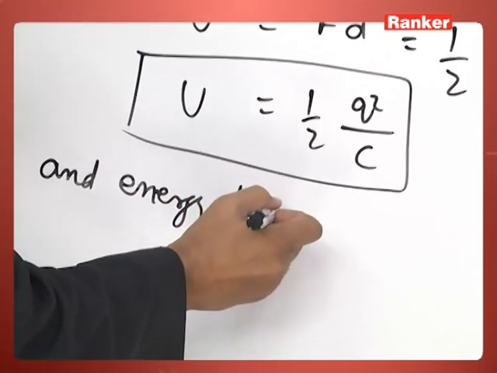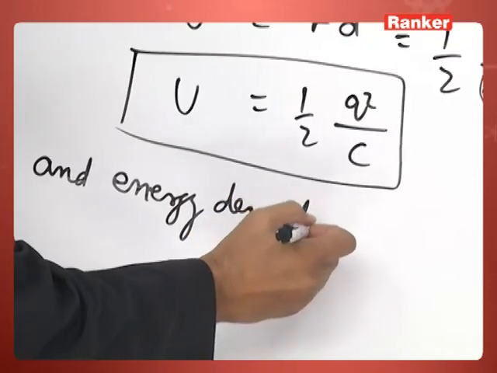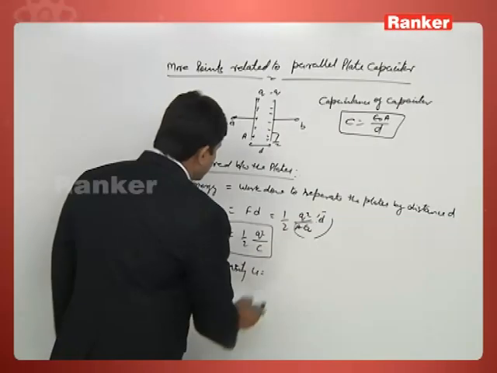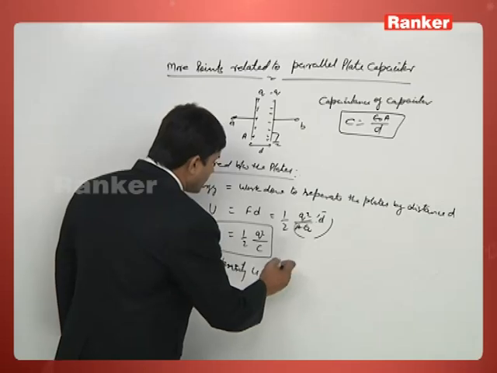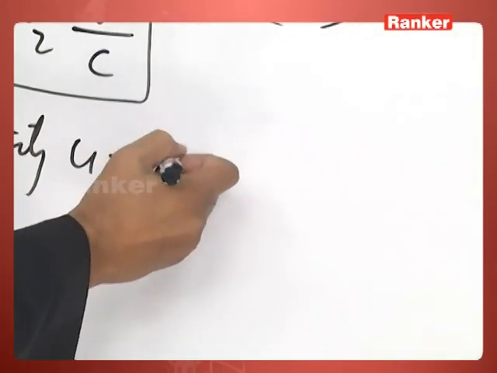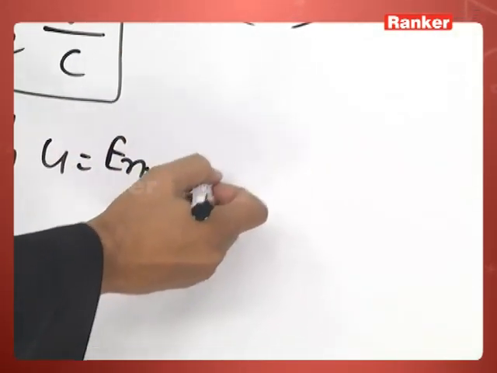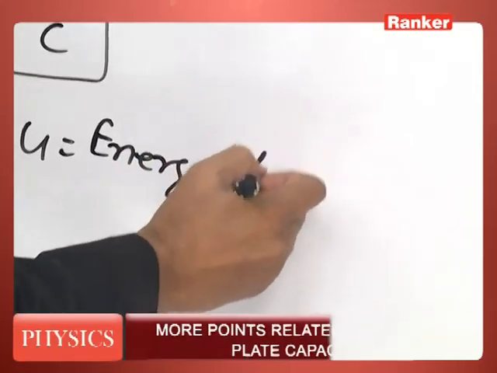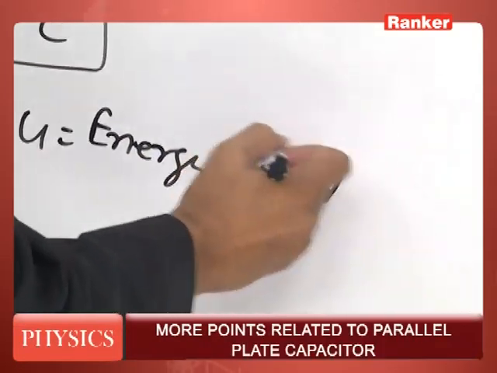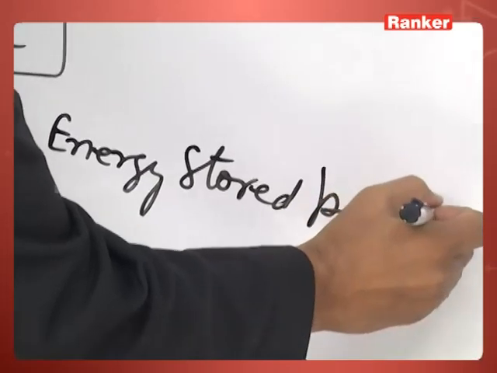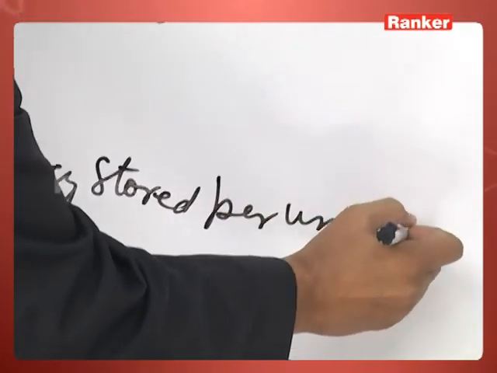Energy density, small u, means energy stored per unit volume.